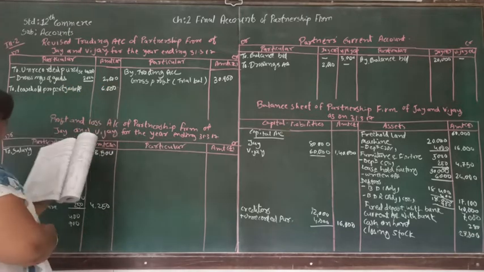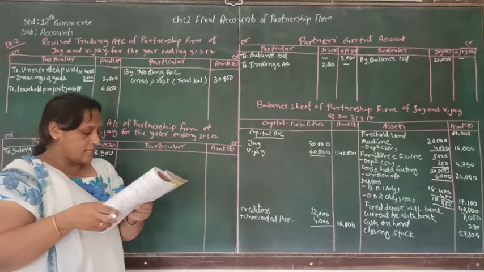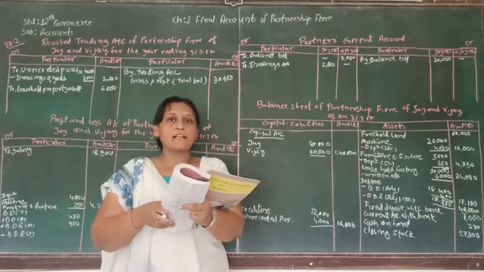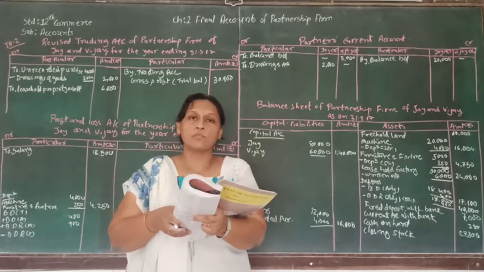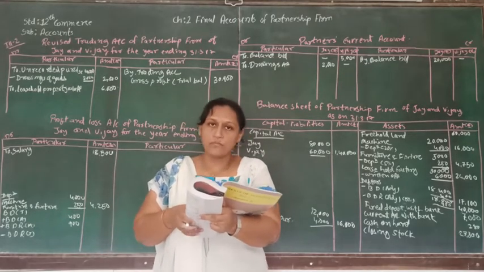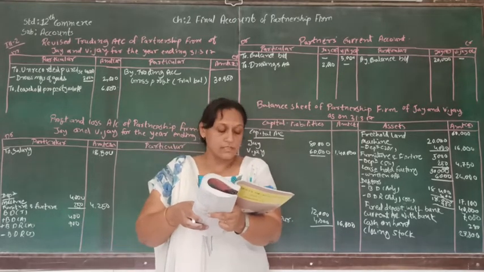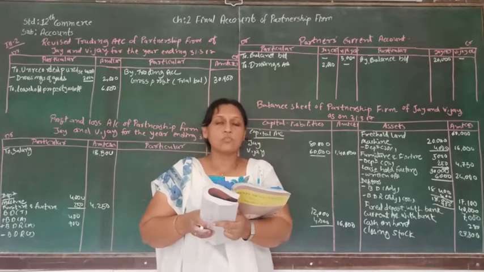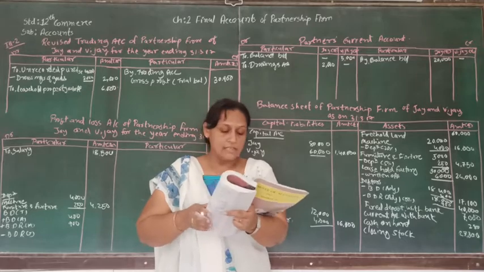After this, there is another account, loan of Vijay. And for that loan, as we know, when we are taking a loan from the partner, interest is supposed to be given at the rate of 6%. And this loan is taken on 1/10/16. So we are going to give interest for 6 months.